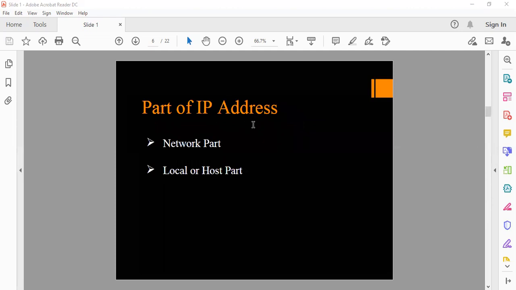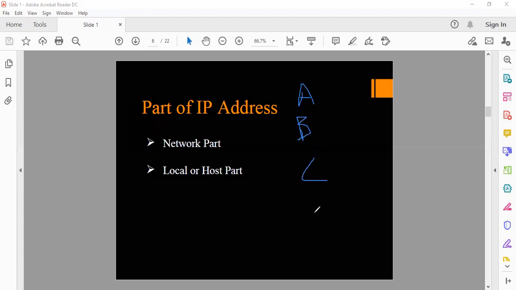There are two portions of any IP address. As you all know, especially networking people, we have different classes of IP addressing: A, B, C, D, and E. Each class has different parts.